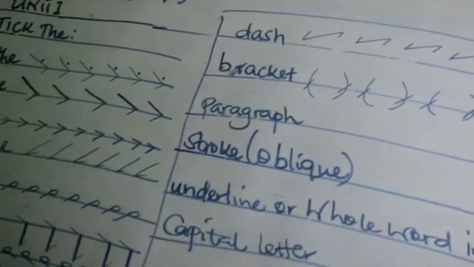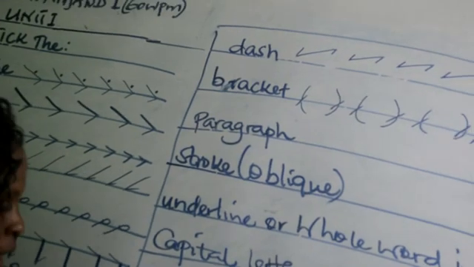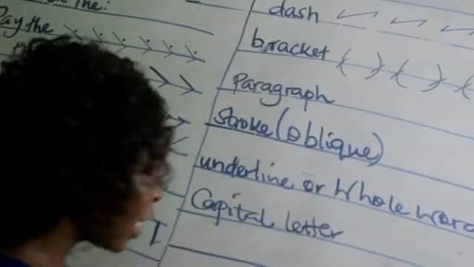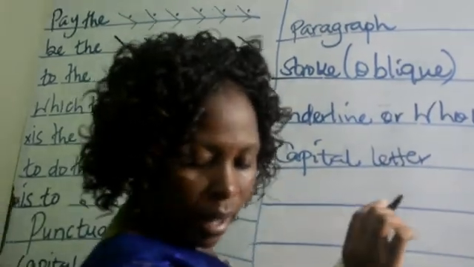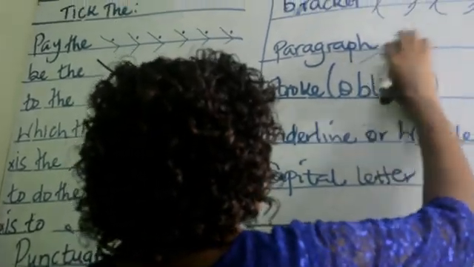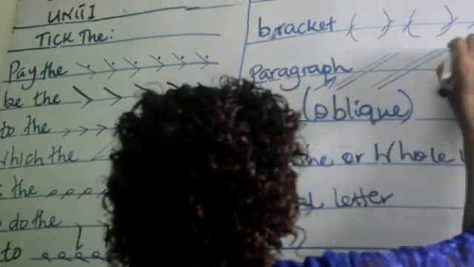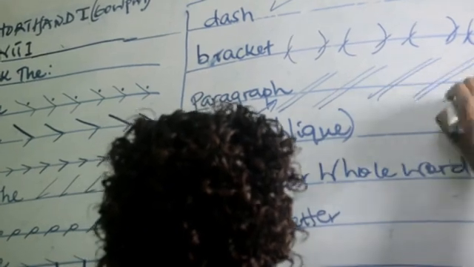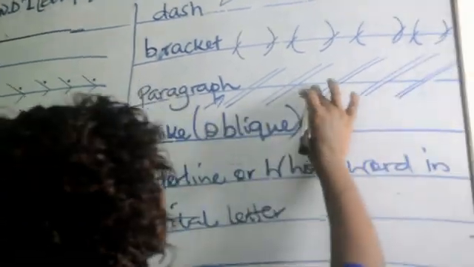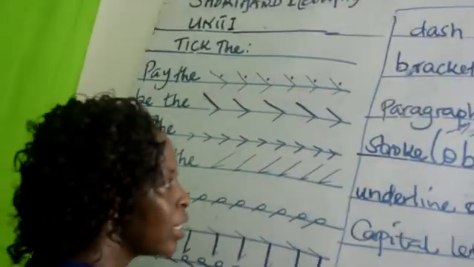Then to show that a new paragraph begins at that particular point, you indicate two parallel lines across the line, like this. Two parallel lines like this across the line. They show that a new paragraph begins at that sentence.